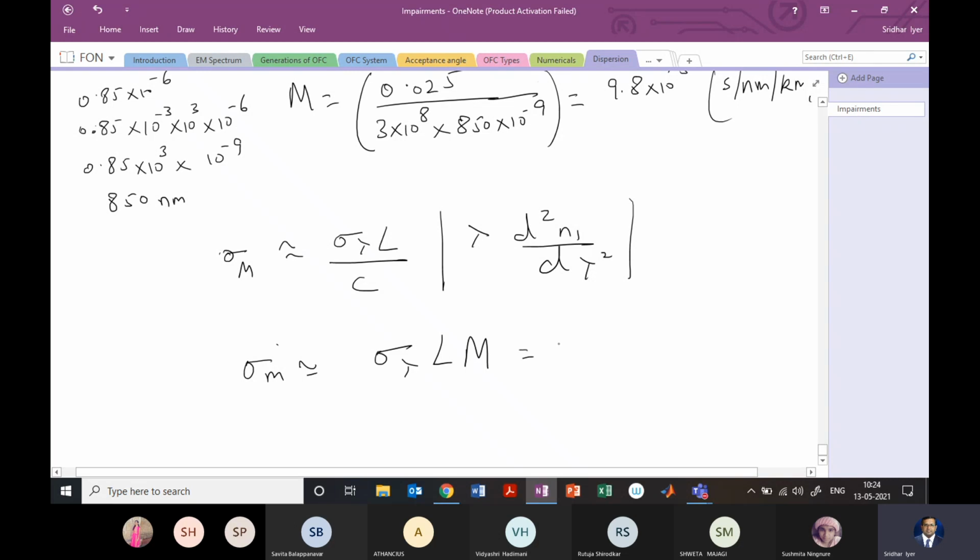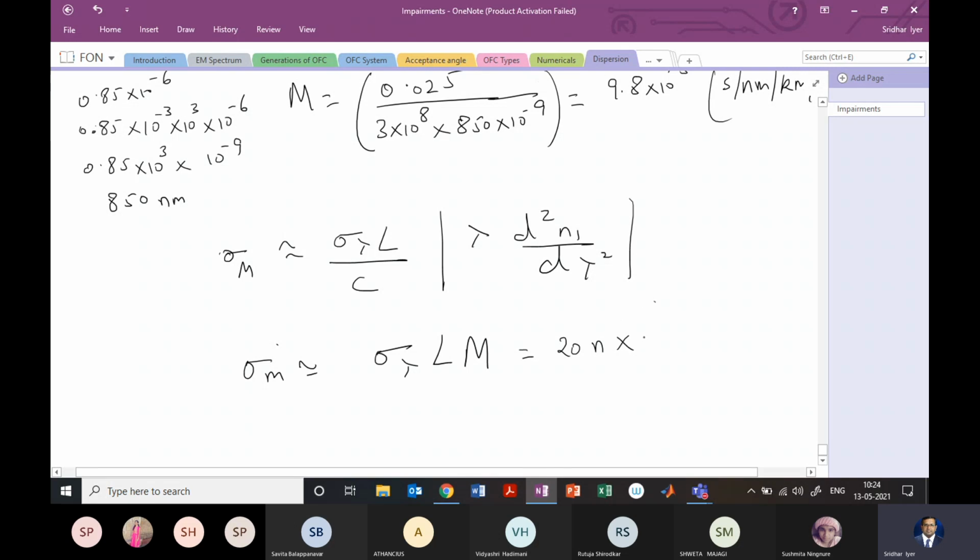So sigma lambda is given to us, which is 20 nanometer, right? So you'll get 20 nanometer into L, which is the length of the fiber. Since they have asked us RMS pulse broadening per kilometer, right?